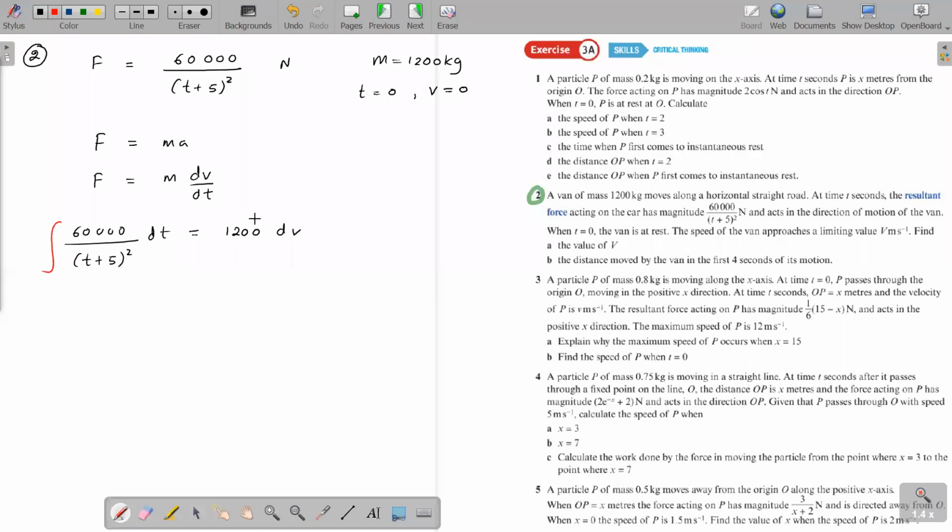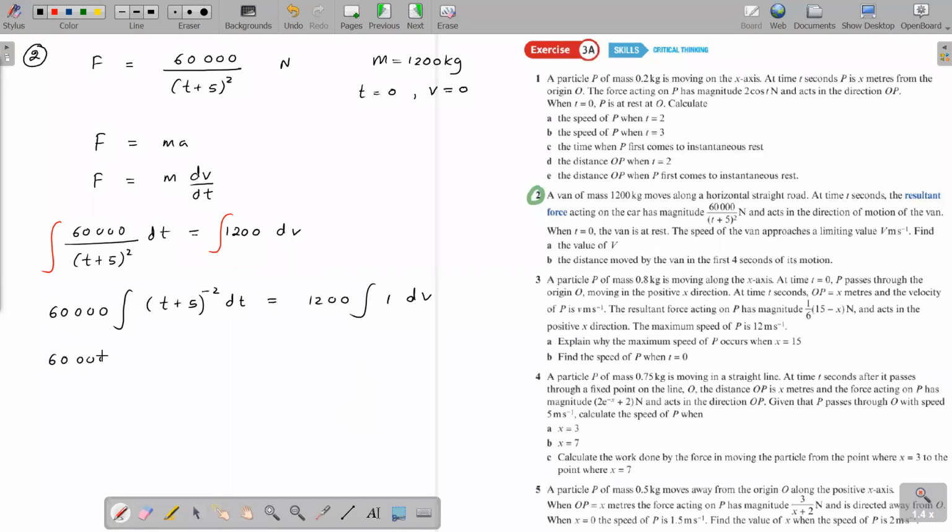And so now let's integrate both sides. This side integrates with respect to t, the other side with respect to v. Taking the constant out, you get 60,000 times the integral of (t plus 5) to the power minus 2 dt, equals, on the other side, 1200 is a constant, take it out, and inside the integral you have just 1, integrated with respect to v.